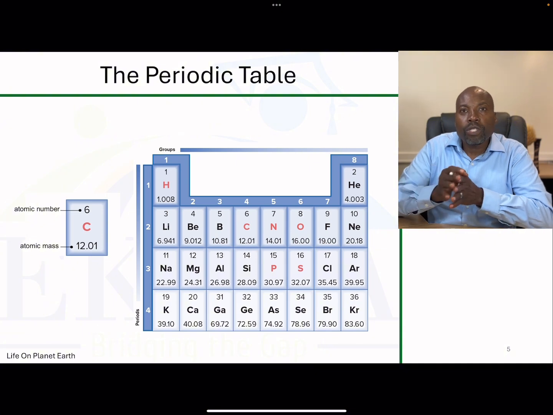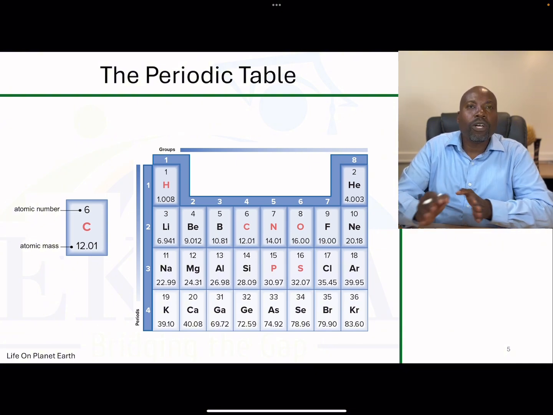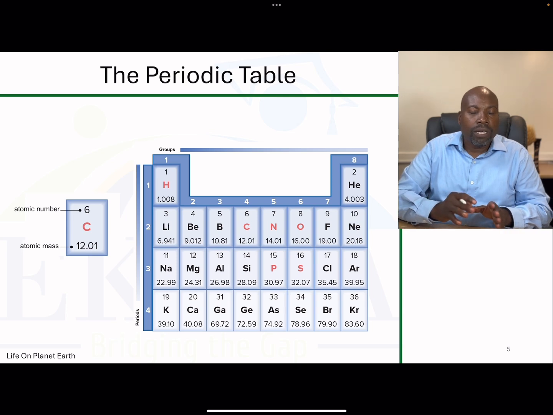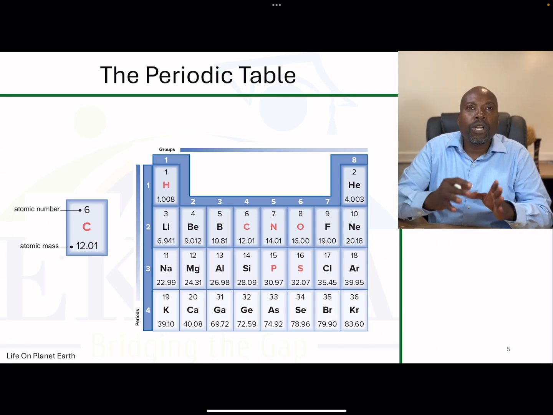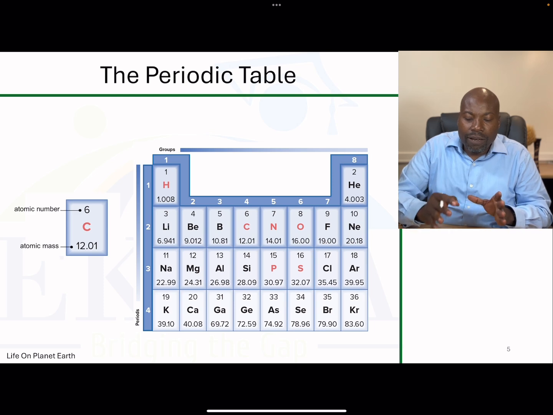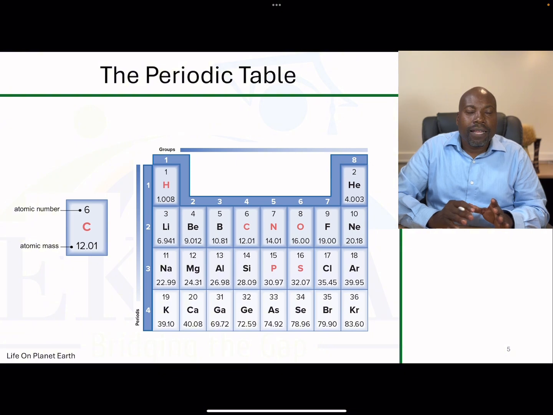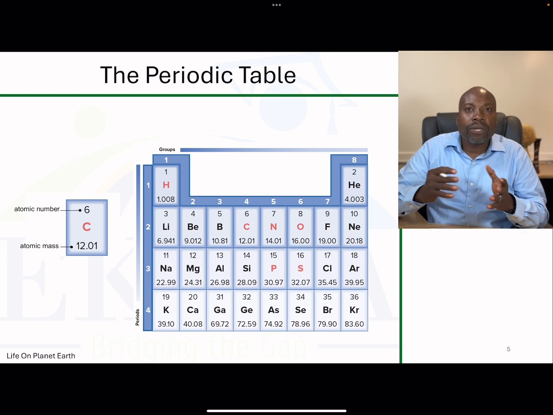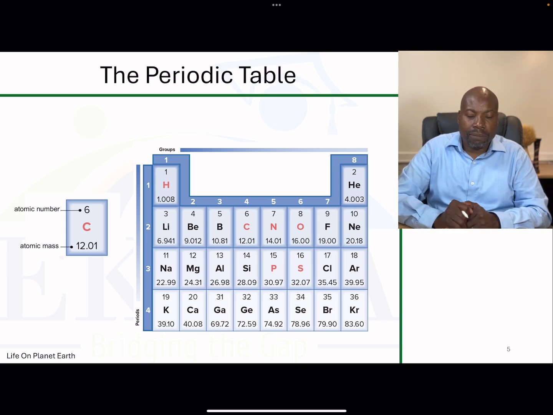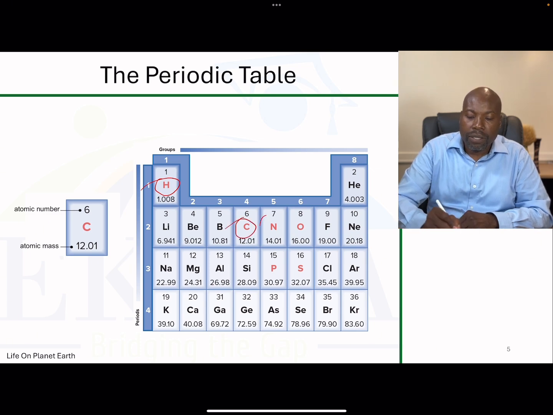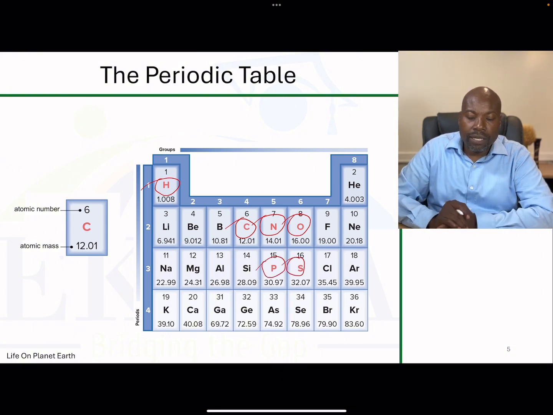Because of the purpose of this course, I'm not going to dive into the periodic table, but know that on this particular periodic table, there are a number of elements represented here that are found abundantly in living systems, including hydrogen, carbon, nitrogen, oxygen, phosphorus, sulfur. They are all represented in red.